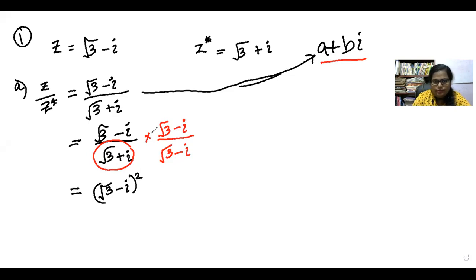Because you have to multiply each term here, right? And here you can see there are two terms like square root 3 plus i and square root 3 minus i. So you can see it is just like the factors of a difference between two square terms.